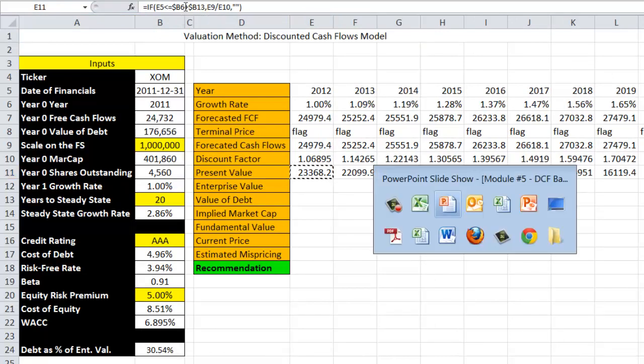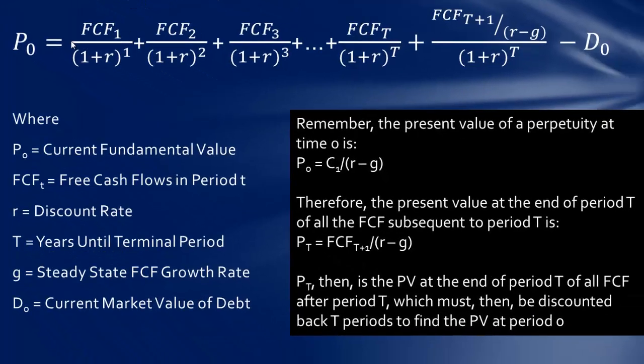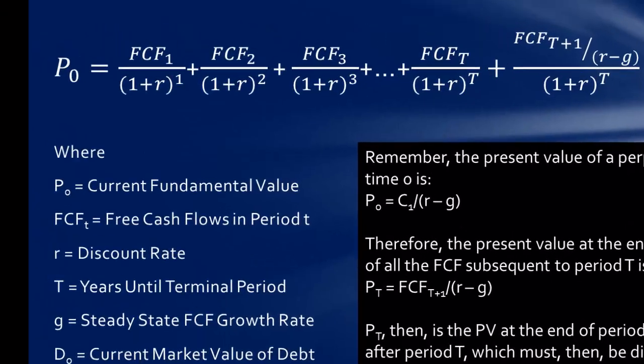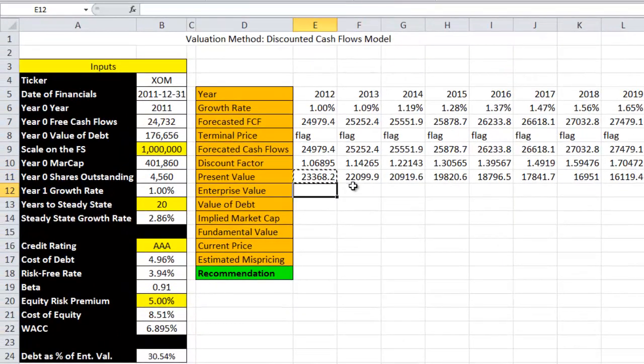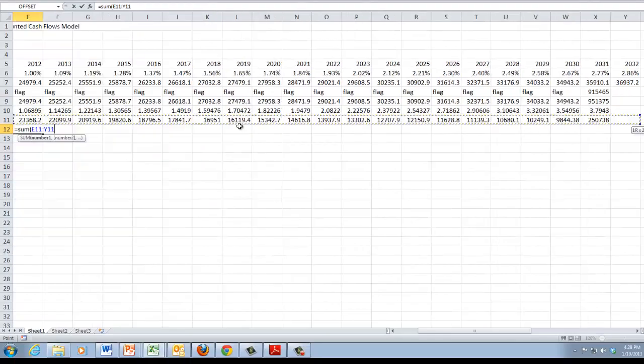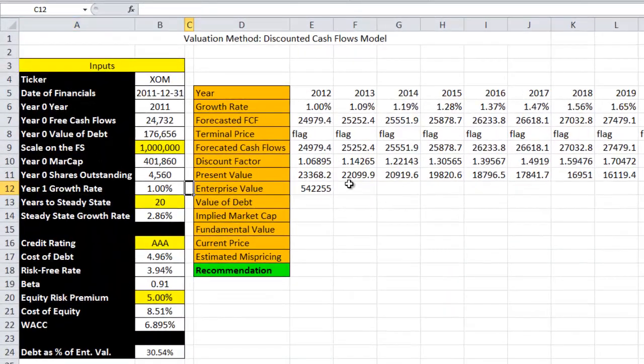Now we can calculate enterprise value. Enterprise value is simply the sum of all of the present values. And so right here, we do sum and we take it all the way out as far as our model will go. And there's our enterprise value. In order to get the total value of the equity, we have to subtract out the value of debt. You can see the year 0 value of debt is one of our inputs.